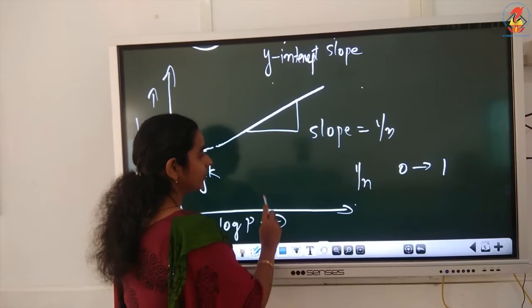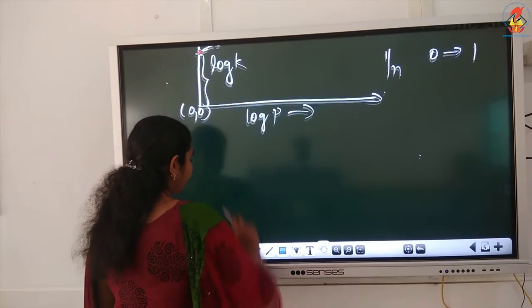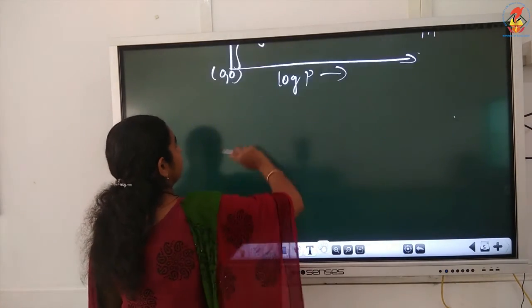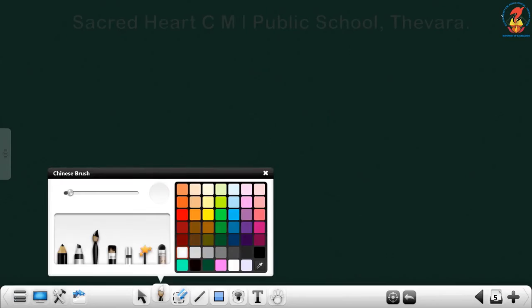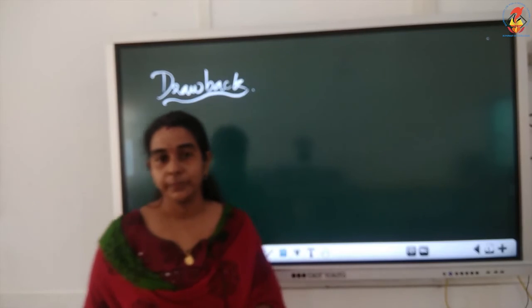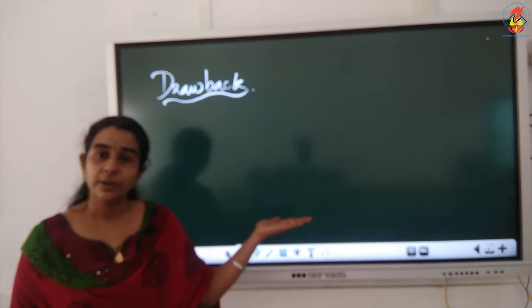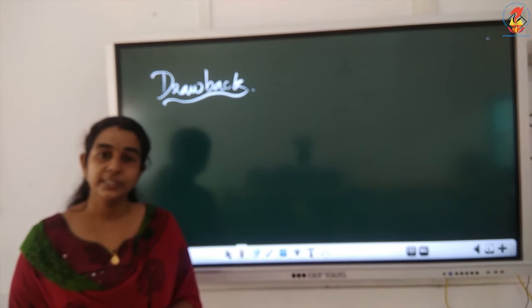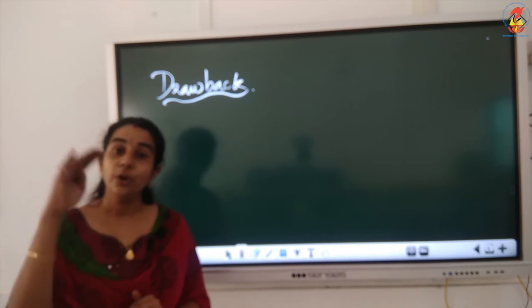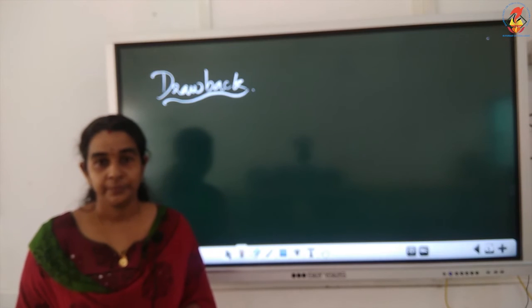Now next, there is one drawback for this Freundlich adsorption isotherm. Hope it is clear to you, because what is the main drawback of this equation? It fails to explain what happens at high pressure.